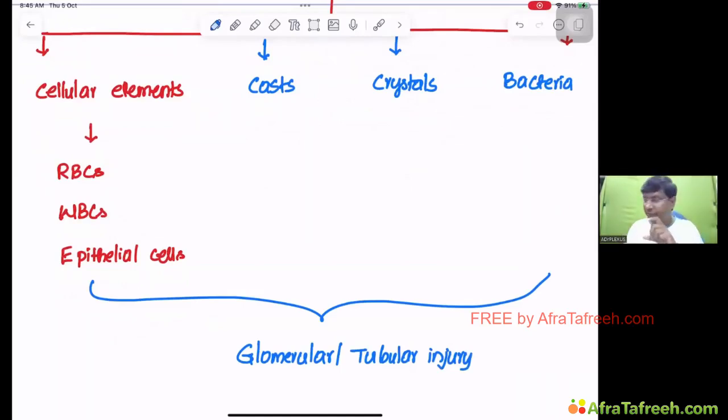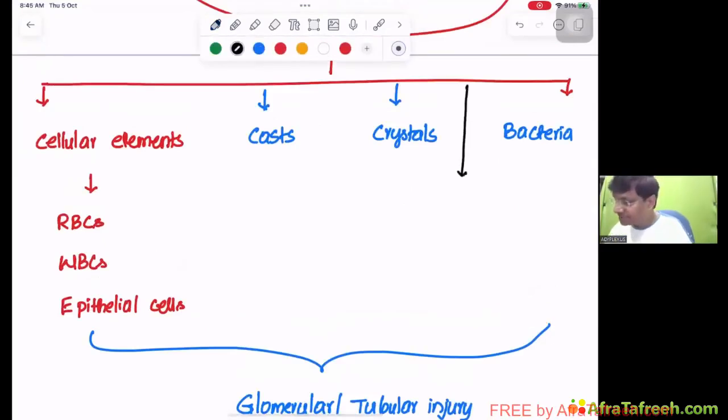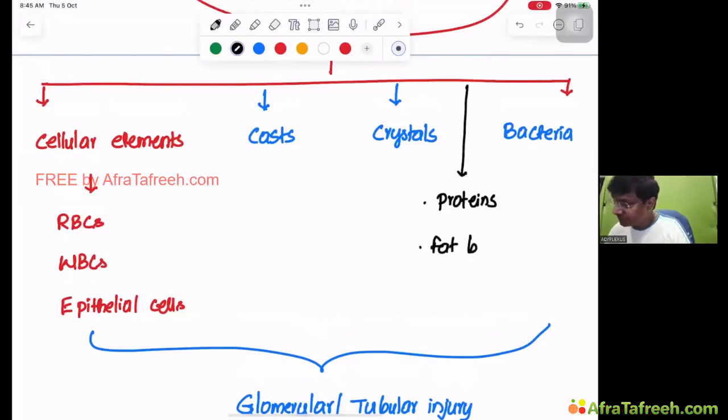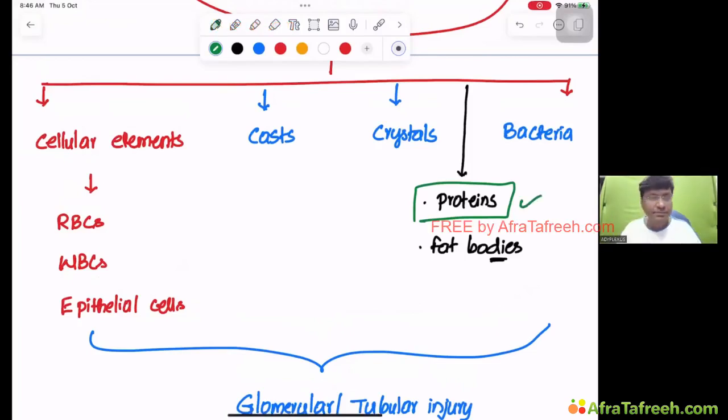And a few more abnormal constituents are metabolites. What will those metabolites be? Presence of proteins, presence of fat bodies. Okay. So these are the abnormal constituents. Now, out of which, a very important part of the discussion is the proteins. Let me discuss the proteins first.